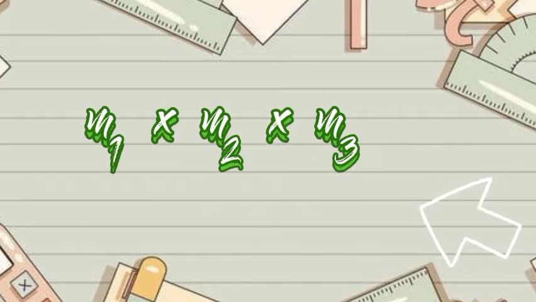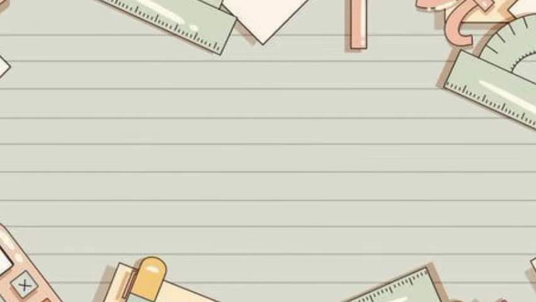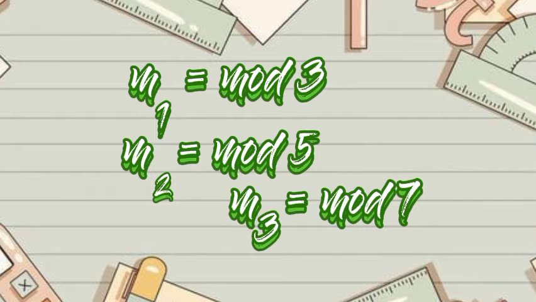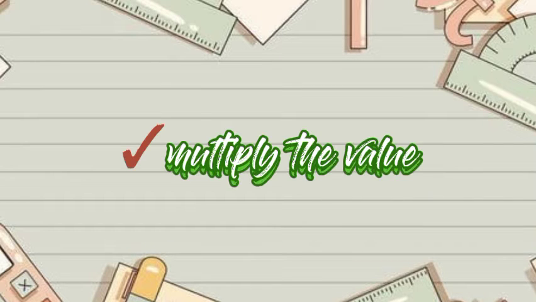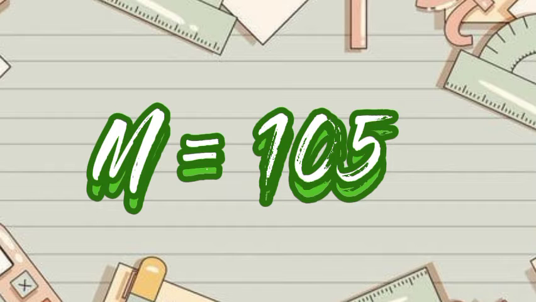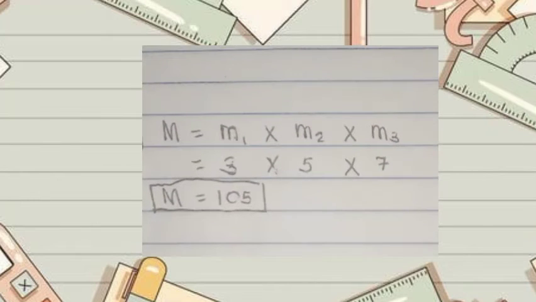The m subs here are the moduli: m sub 1 is 3, m sub 2 is 5, and m sub 3 is 7. Just multiply these moduli to obtain M equals 105.